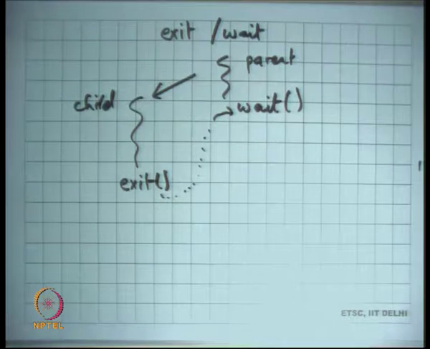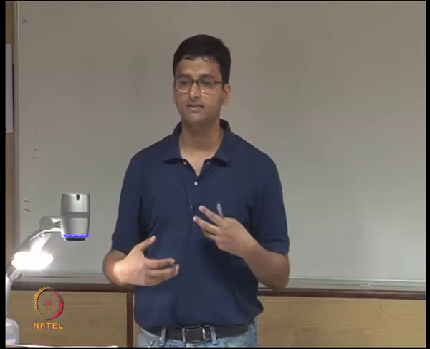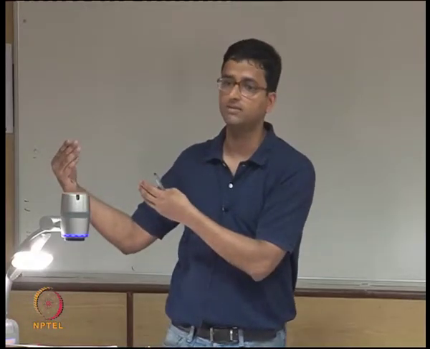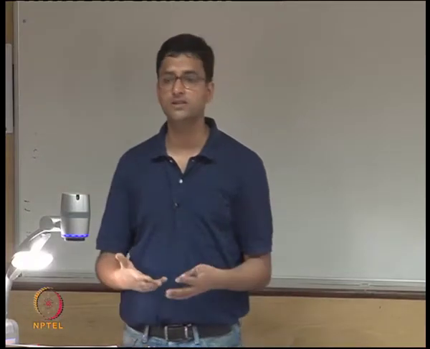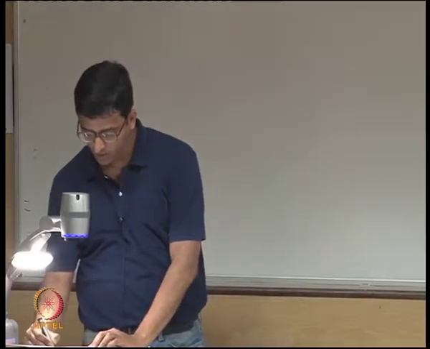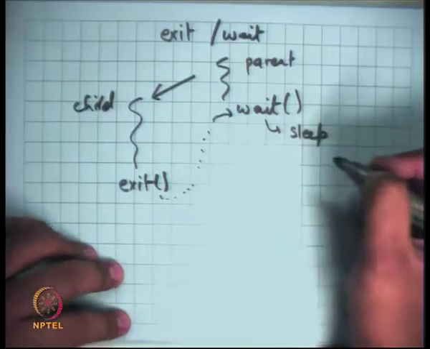So how will an OS implement something of this sort? What are the semantics? That I have to put myself to sleeping state till one of my children exits, and then the child will put me in the runnable state, right. One way to do this is using condition variables or using sleep wake up. So the idea is wait internally will call sleep, it will check a condition.